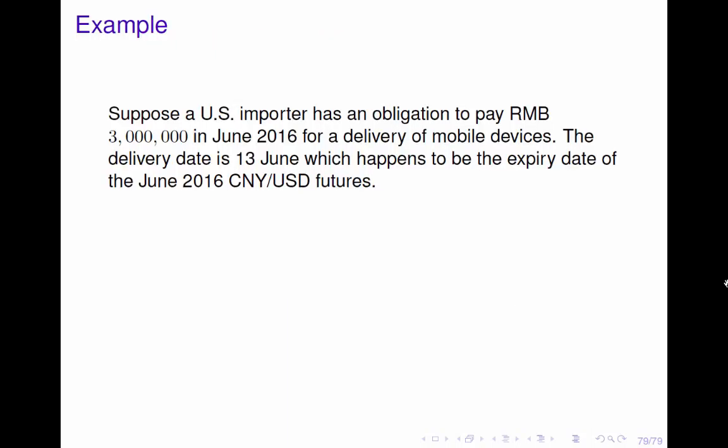Now, suppose a US importer has an obligation to pay 3 million renminbi in June 2016 for a delivery of mobile devices. The delivery date is 13th of June, which happens to be the expiry date of the June 2016 Chinese Yuan USD futures contracts.